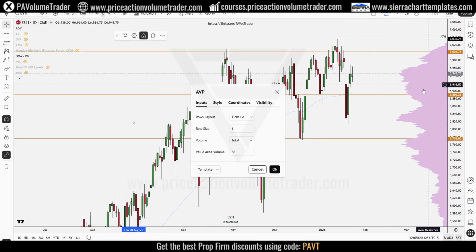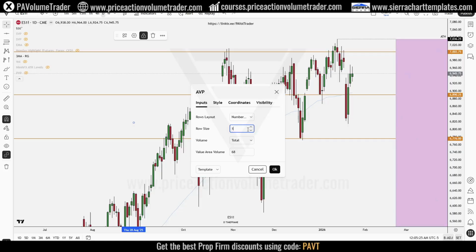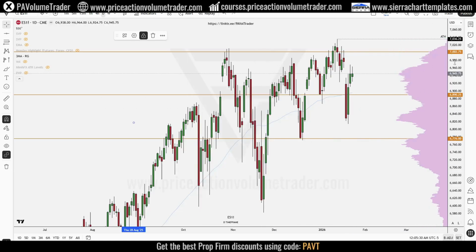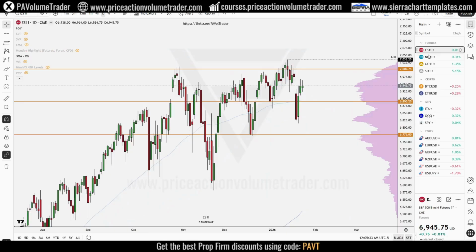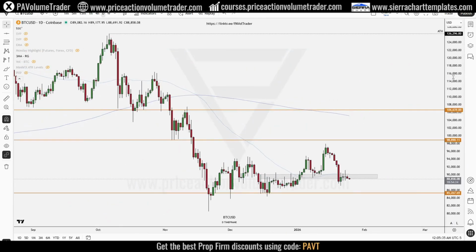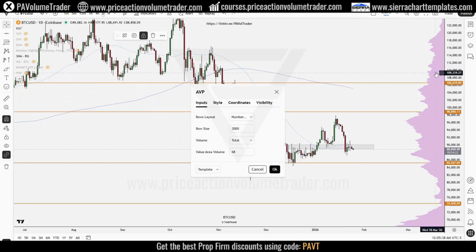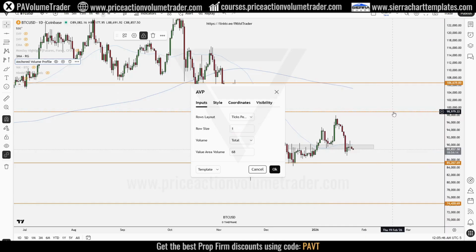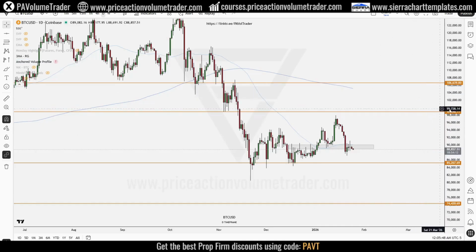Now the problem with having ticks per row is that if you use a market that is not like futures, if you try to use 1 tick per row on Bitcoin, for example, let's go to the Bitcoin chart, you're going to get an error because the scale is so big that if I put 1 tick per row, you can see it disappears, and I get this exclamation mark right here, and it says runtime error, okay?